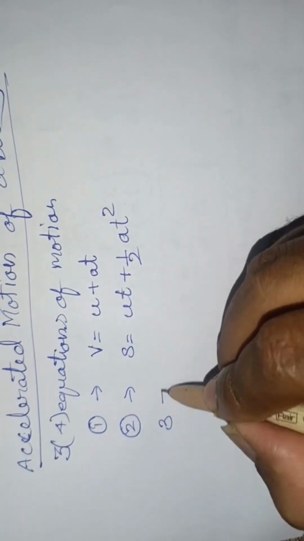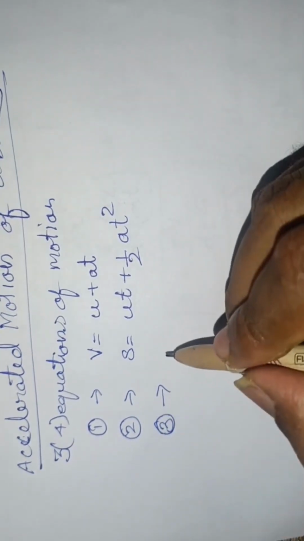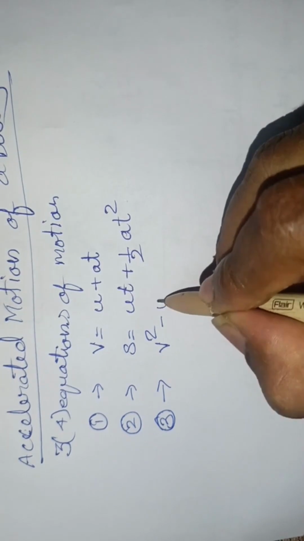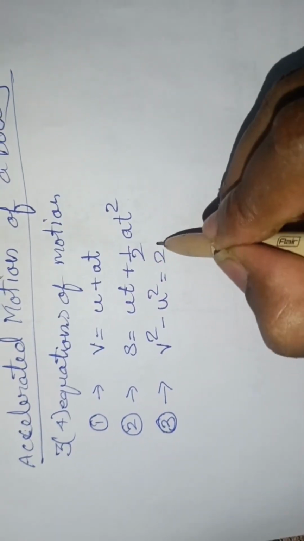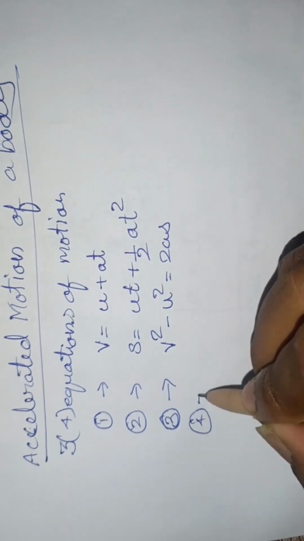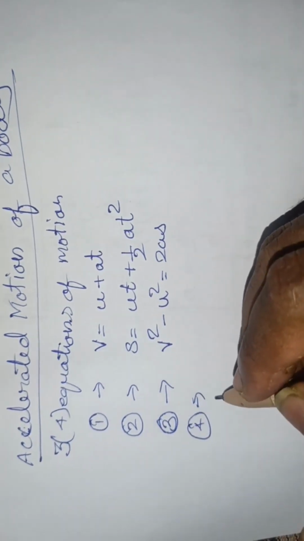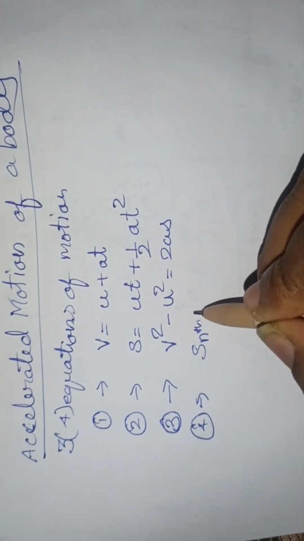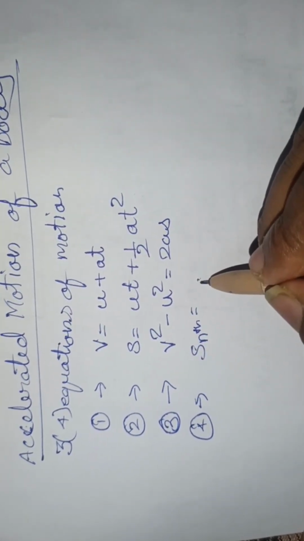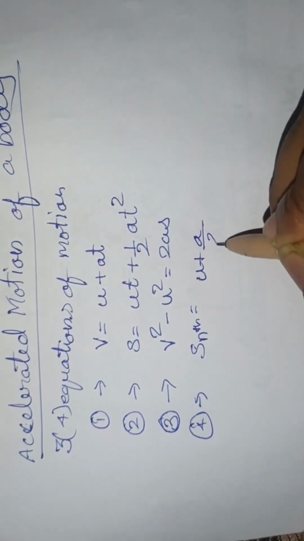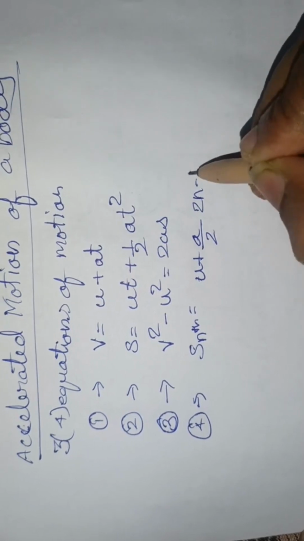Third equation of motion, v square minus u square is equal to 2as. And at the last, Snth is equal to u plus a by 2 into (2n minus 1).